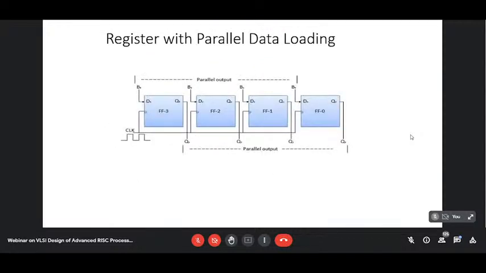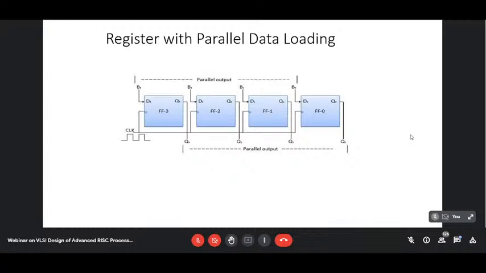This is the register with parallel data loading. So 4 flip-flops. You give data at the input side, B0, B1, B2, B3, in parallel. That data will be stored at the rising edge of the clock. The rising edge can be made by differentiating the clock, and the differentiator can be done simply by an RC circuit.